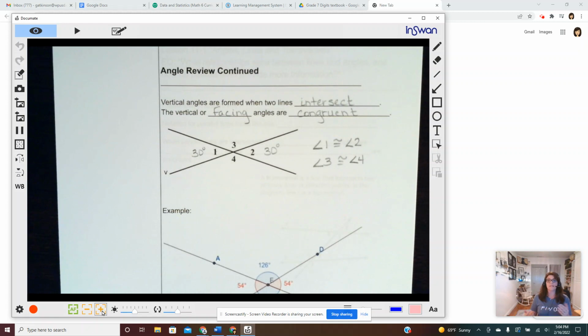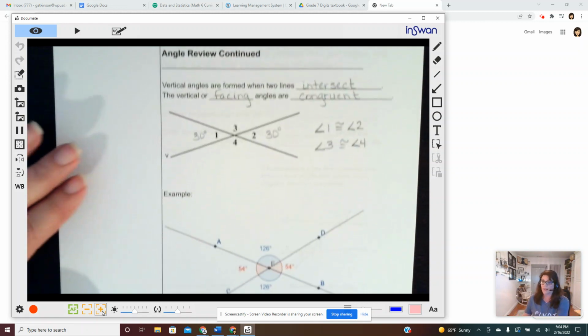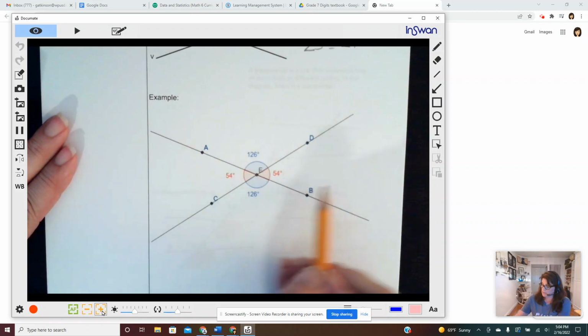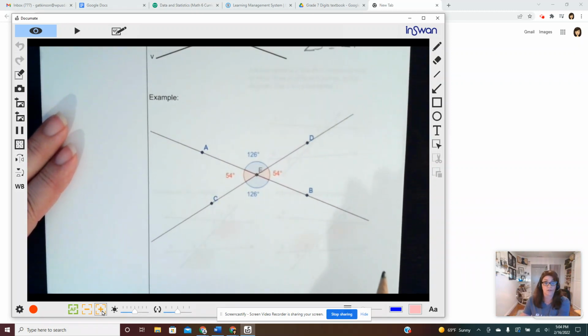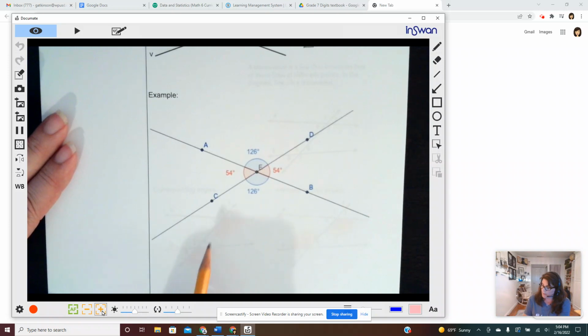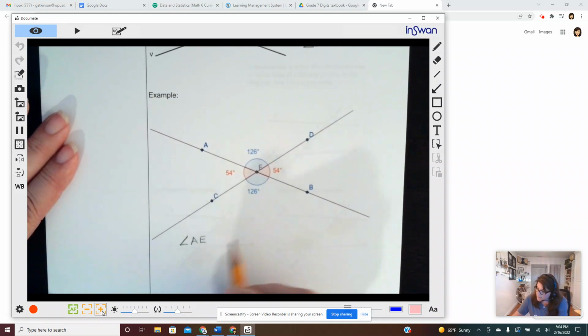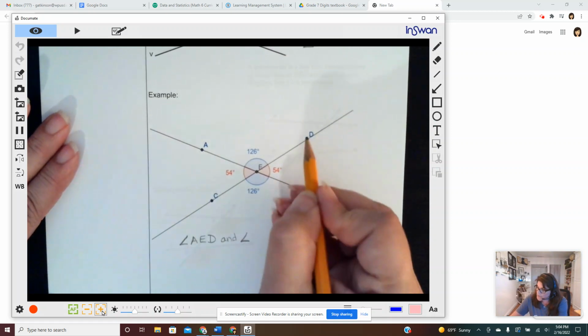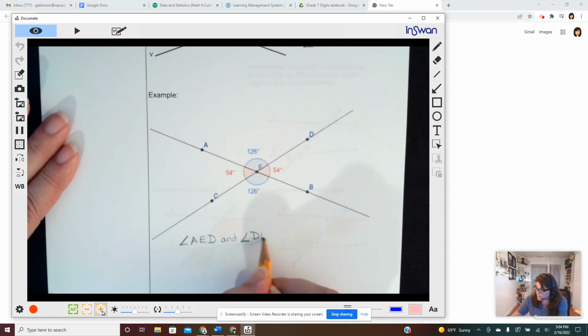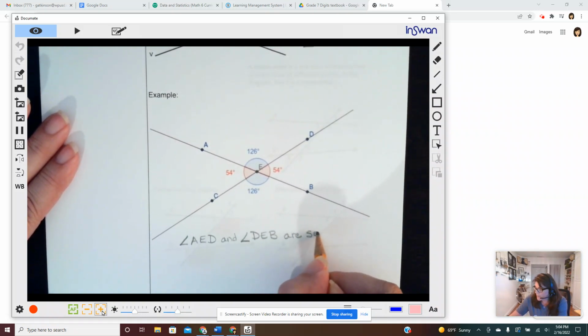Now, for example, we have this giant angle here. It actually gives us some accurate measurements, which is nice. Angle AED and angle DEB are supplementary.